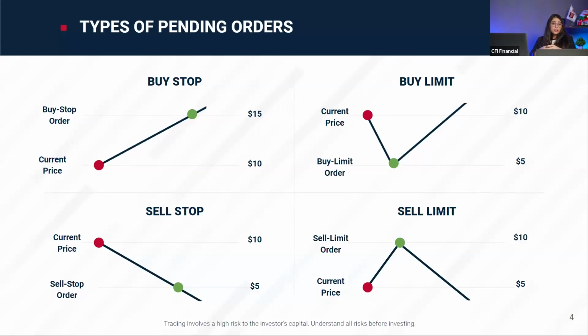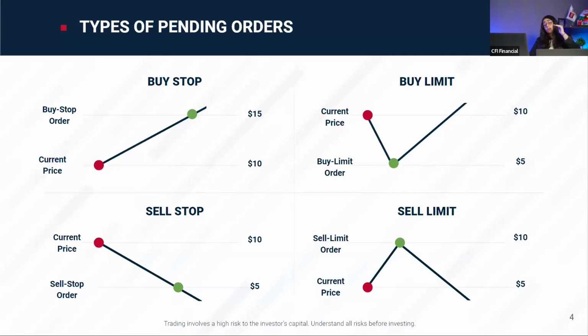The same for sell stop. However, in sell stop, I will be placing my sell stop order below the current market price, where I will be expecting that the price is going to decrease by passing a certain level. So in this case, if we have the current market price at $10, and I expect that the price in the future is going to drop to $2, but it has to hit a certain level based on my analysis to be able to reach $2, I would place my sell stop order at that certain price, which is $5 in my case.